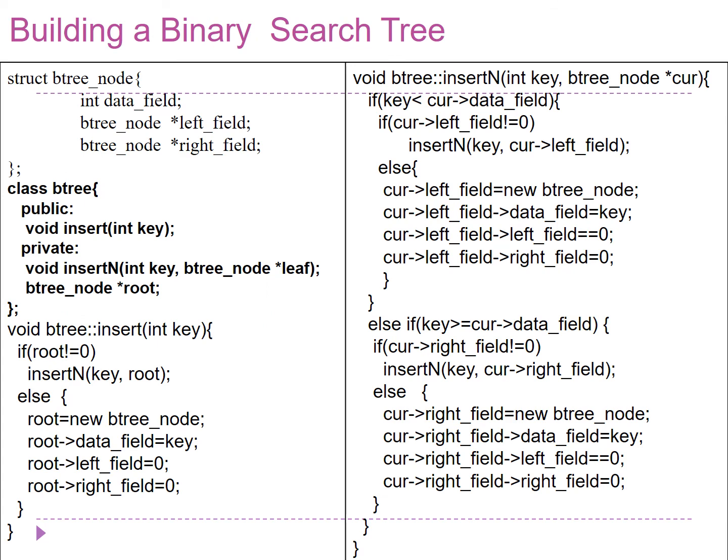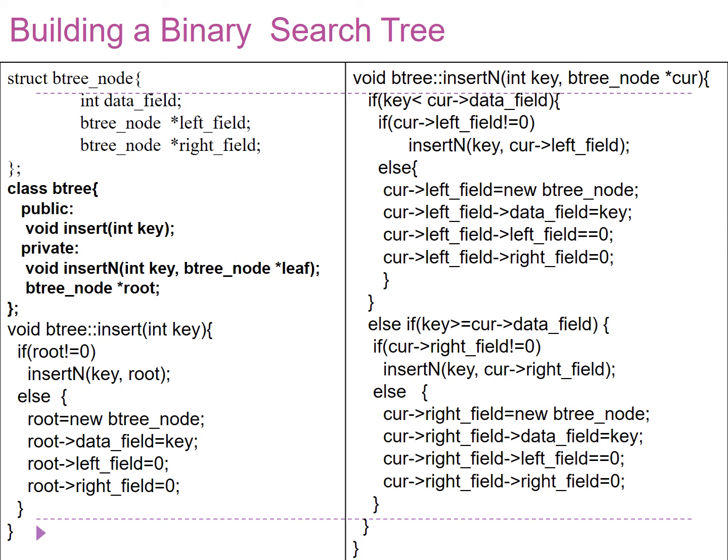The C++ class btree builds the binary search tree. It contains 2 functions, insert and insertN. It contains a pointer variable root which is of type btree node.